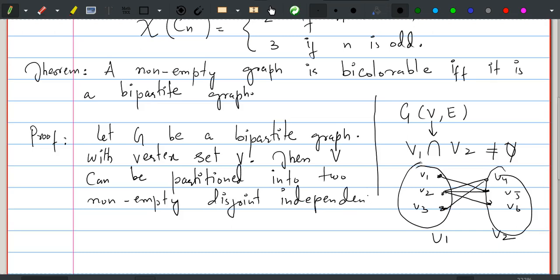Now by independent we mean a set in which no two vertices are adjacent.